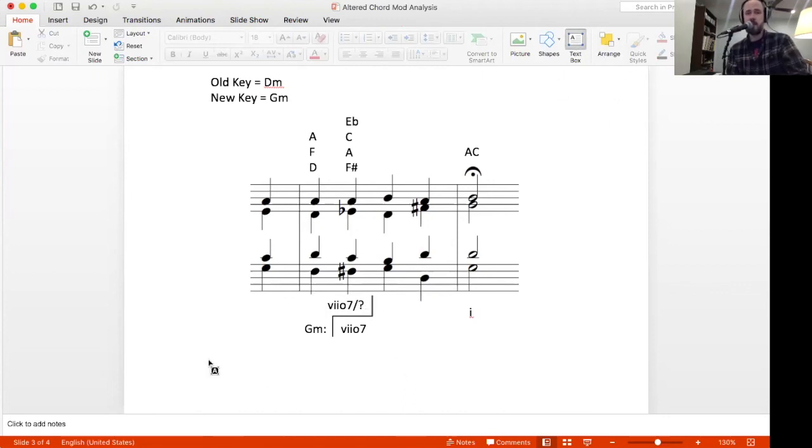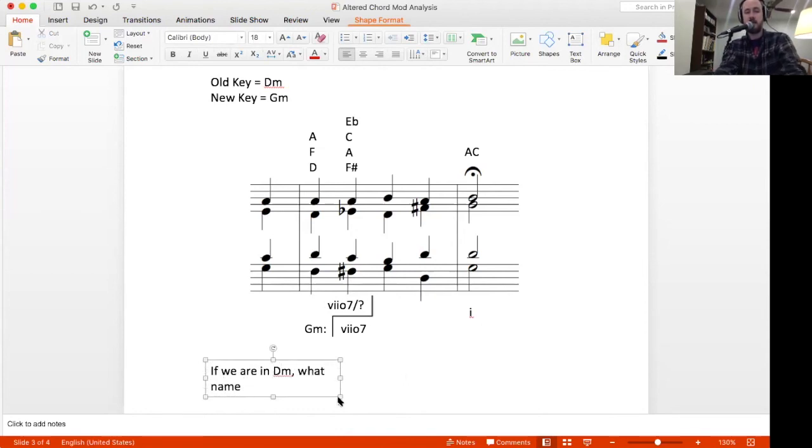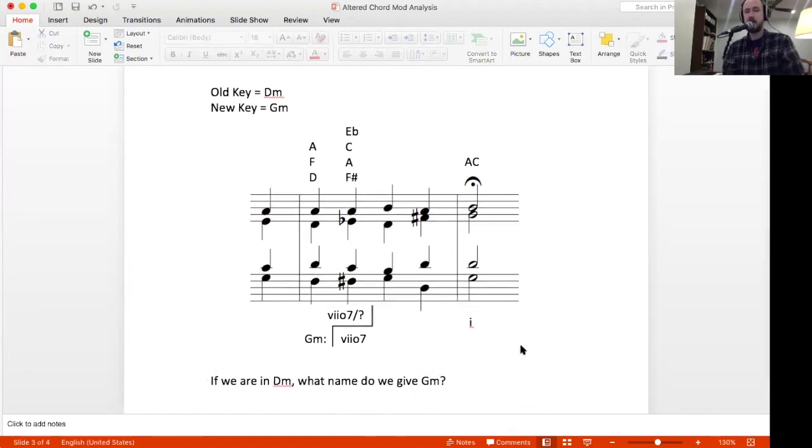So if we're in D minor, the question we want to ask is, what name do we give the new key, which is G minor? If we're in D minor, what name do we give G minor?